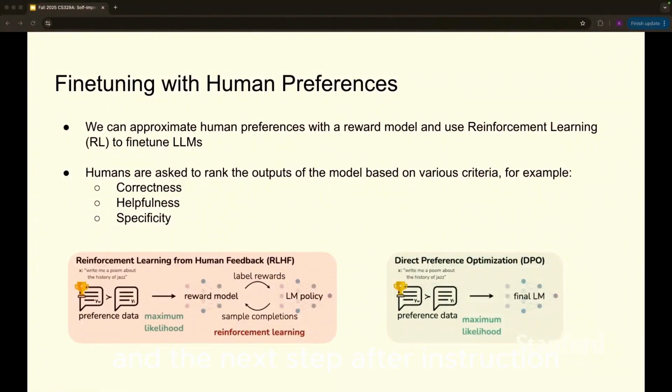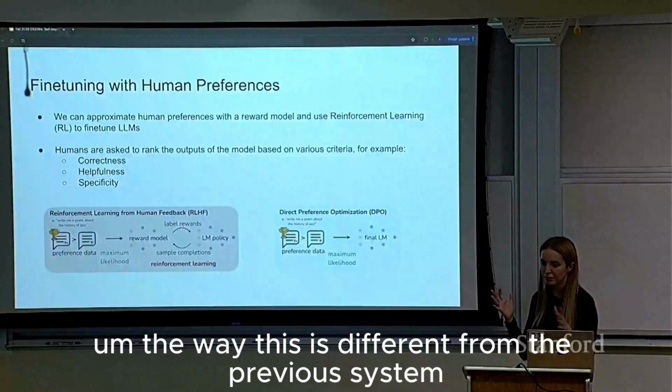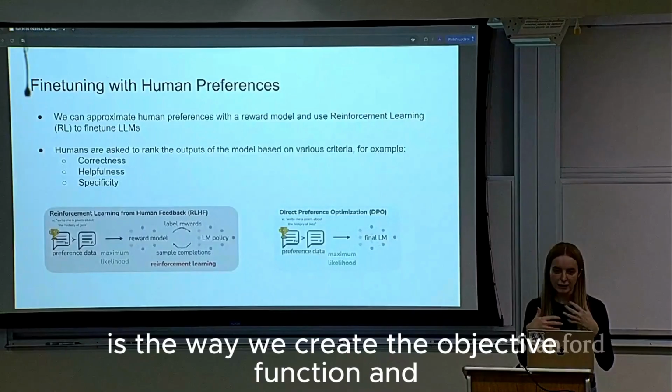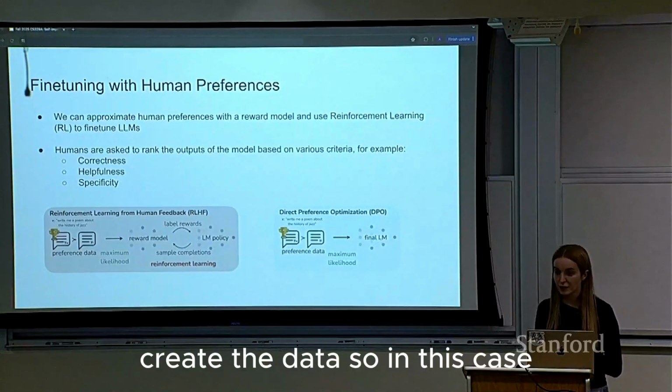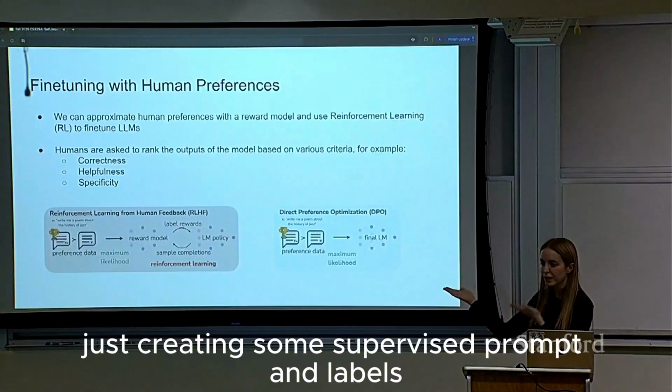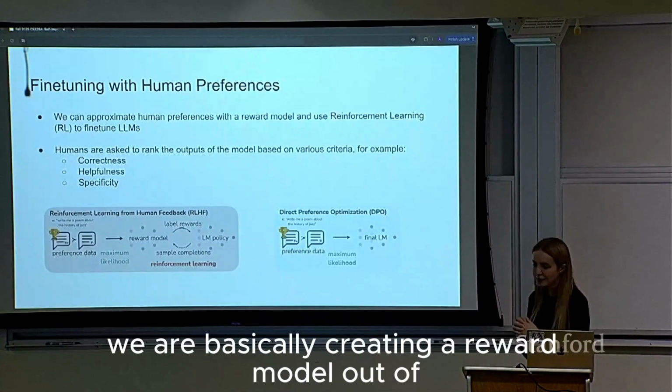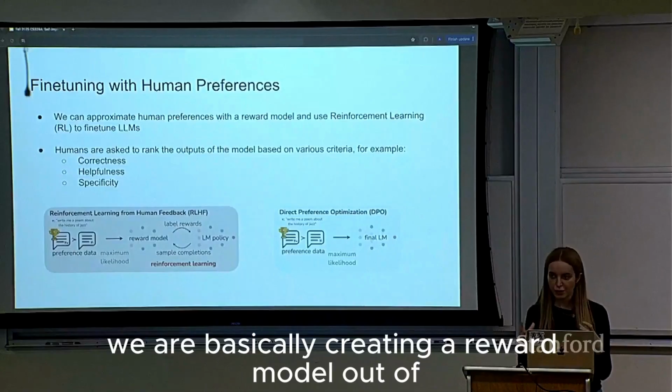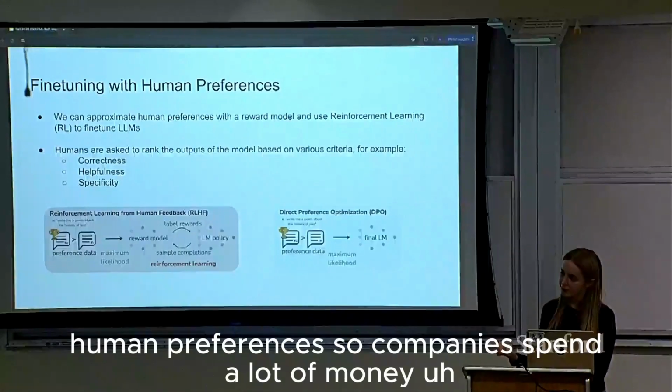The next step after instruction fine-tuning is the process of using human preferences and fine-tuning the model based on that. This process is called RLHF, or reinforcement learning from human feedback. The way this is different from the previous step is the way we create the objective function and the data. Instead of just creating supervised prompts and labels, we are creating a reward model out of human preferences.